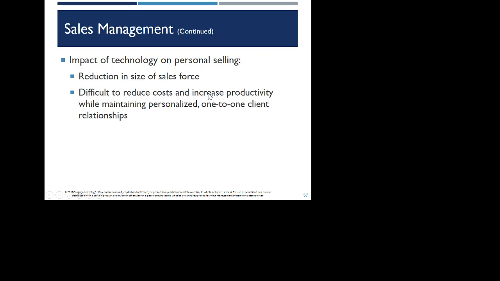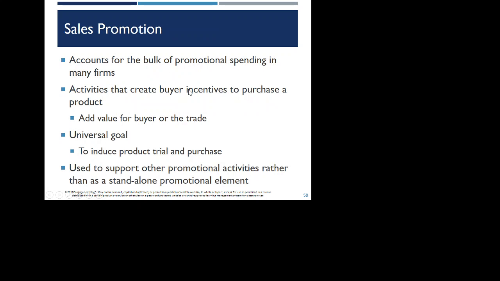Technology has helped in a lot of ways. It's reduced the sales force size, which isn't necessarily good, but it has reduced some costs. It has created the ability to have more specific, detailed information about potential clients you're calling on, which can help break the ice and make a sales call more effective.